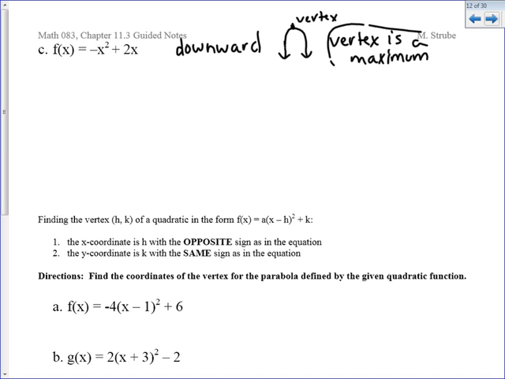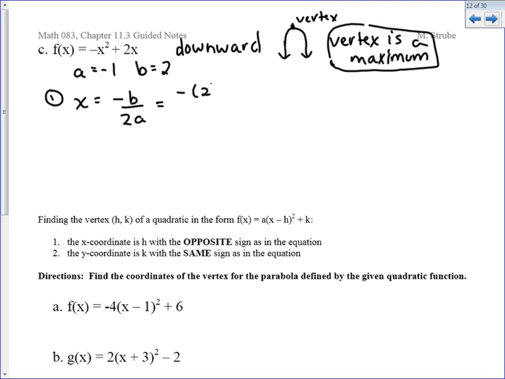So that's the first thing we want to know. Max or min? Got to max this time. Second thing, we're going to use that little formula to find x, then substitute back in to find y. So I have a is negative 1, b is 2. So in my formula for the x coordinate, I have negative b over 2a is negative 2 over 2 times negative 1.